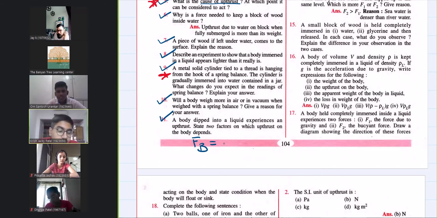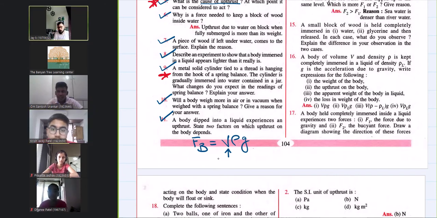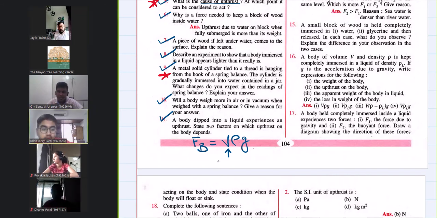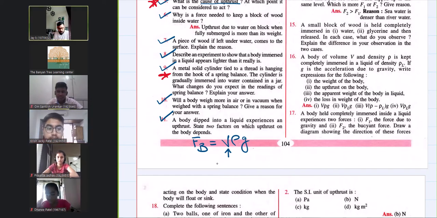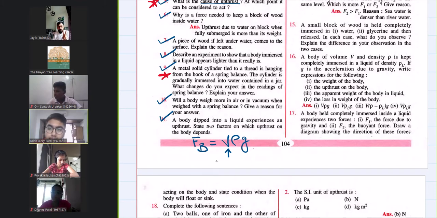FB is equal to V rho g. Very good. So what is V? Volume. Volume of whom? Volume of liquid displaced. Sorry, volume of liquid. And the volume of the body that is immersed. Both are equal.